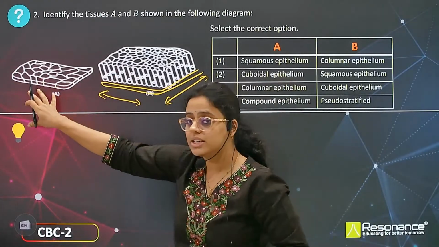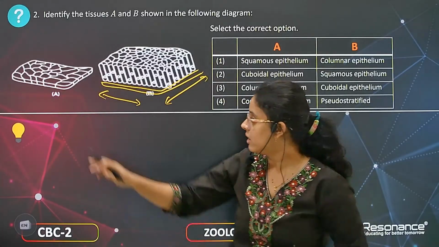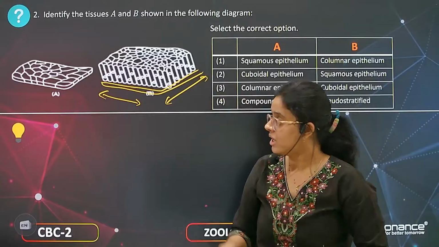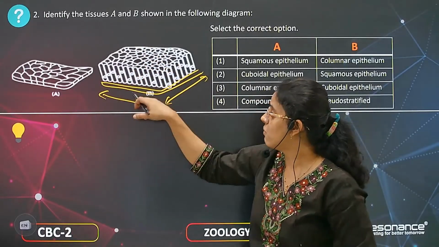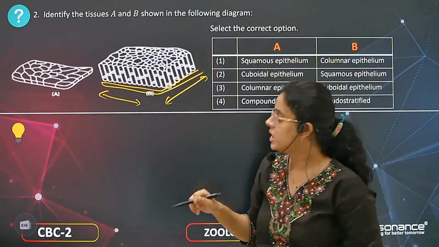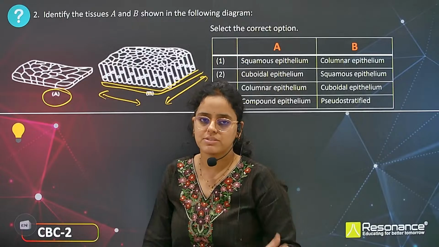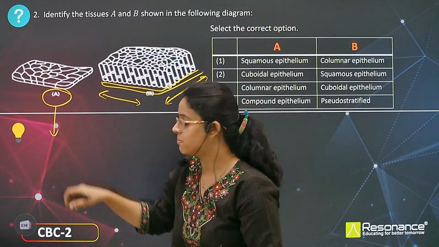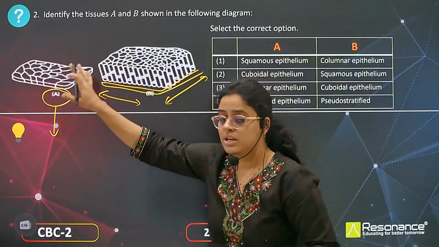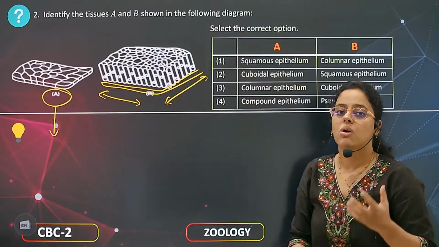This appearance is tile-like. If you see the tile arrangement on the floor, it is similar to this, right? Here the hexagonal appearance is there. So you can clearly tell the tile-like or pavement-like appearance is the simple squamous epithelial cells. Now coming to this, it is columnar.